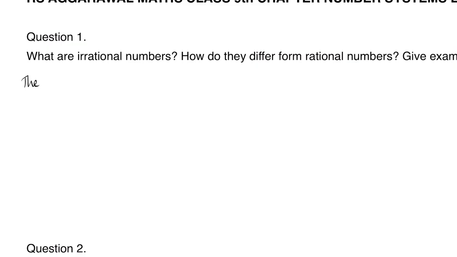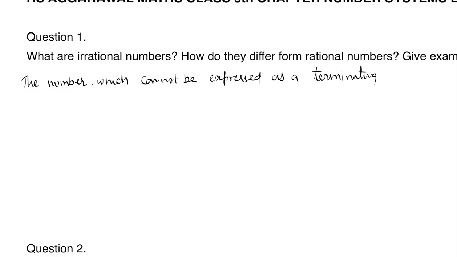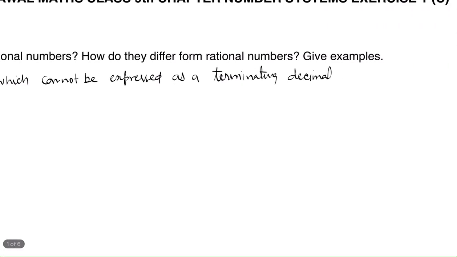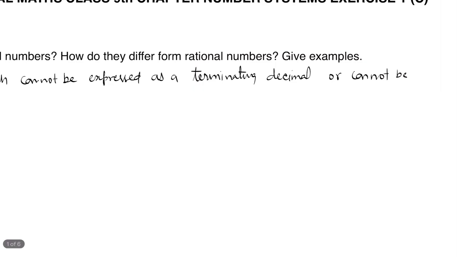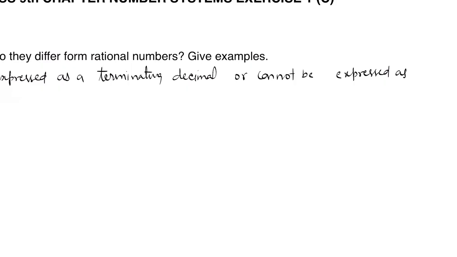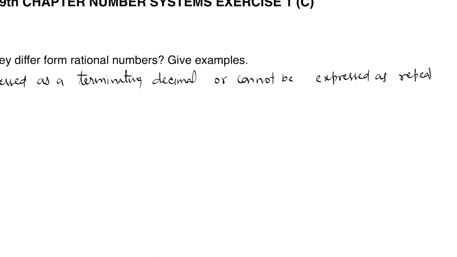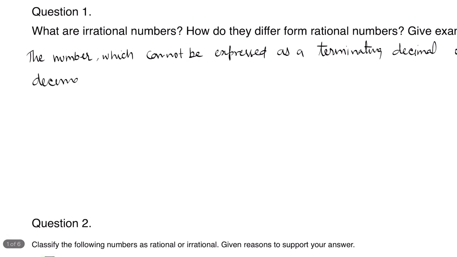The number which cannot be expressed as a terminating decimal or cannot be expressed as repeating decimals, okay, these are known as rational numbers.